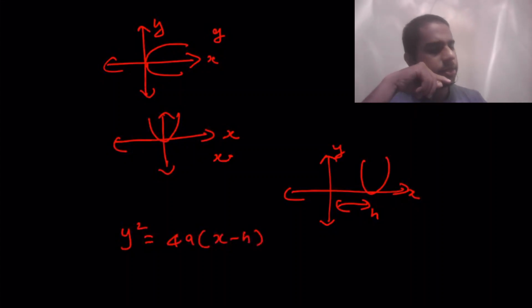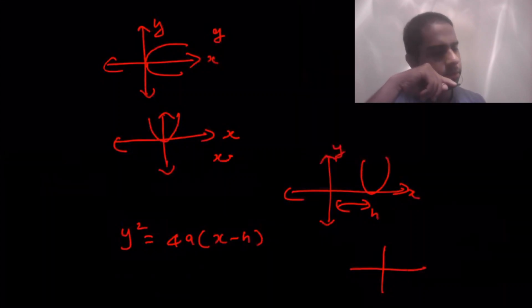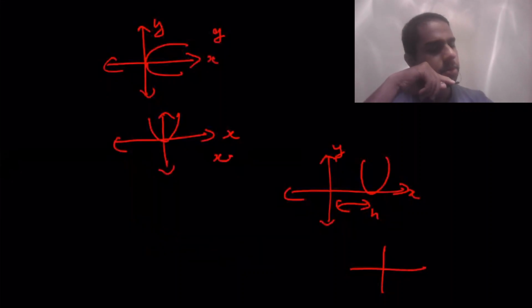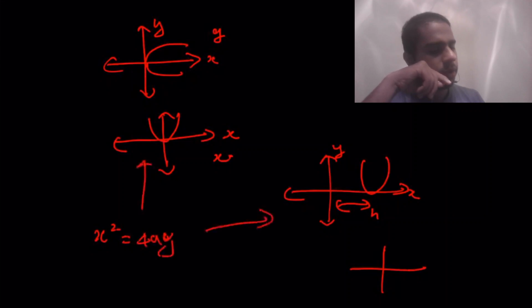And for this one, x square equal to 4ay is the equation. For this case, it will be x minus h the whole square is equal to 4ay.